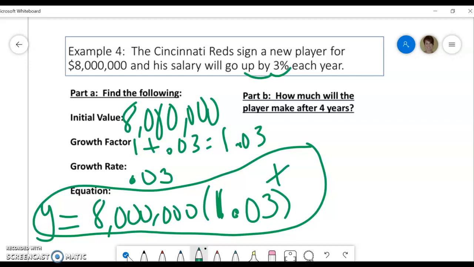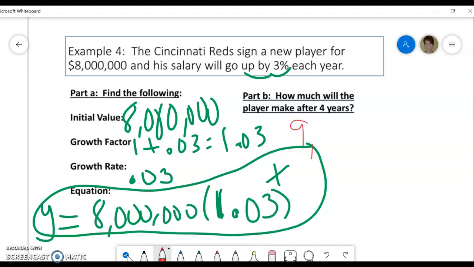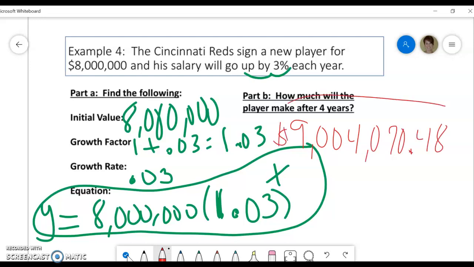And then once you have that number, you're going to multiply by 8 million. And I got an answer of, hopefully yours matches mine, $9,004,070.48. I'll take that. So once again, $9,004,070.48.